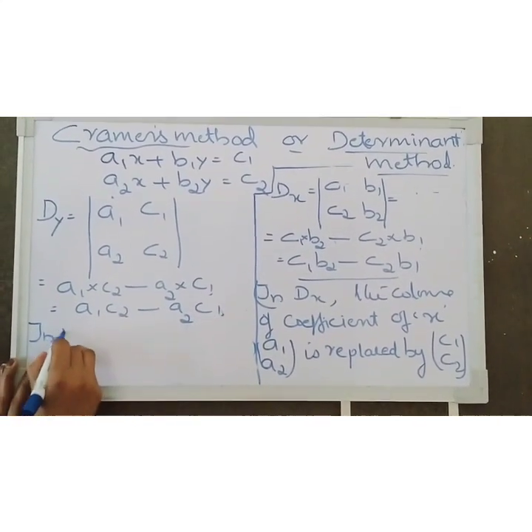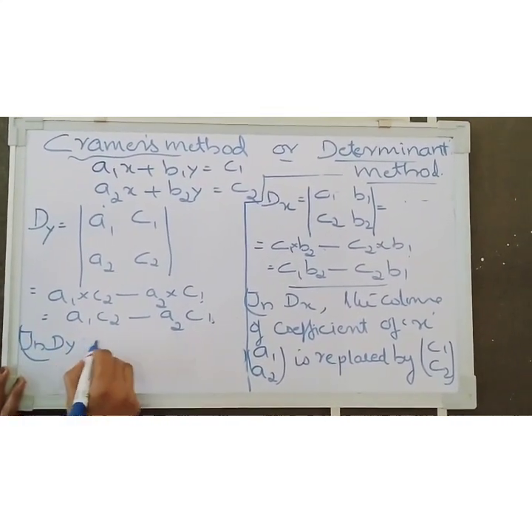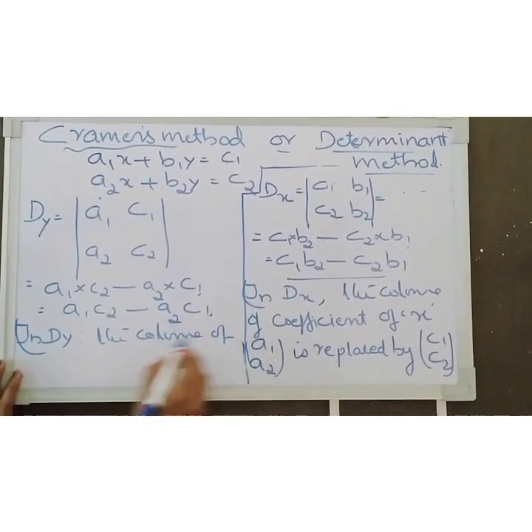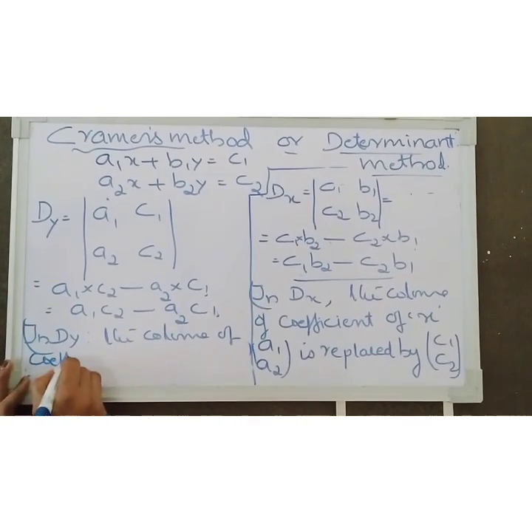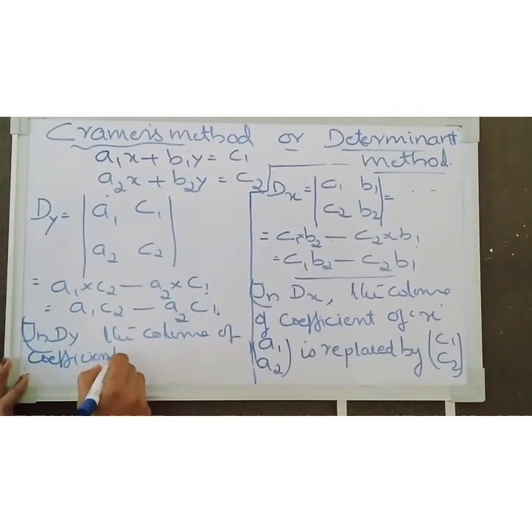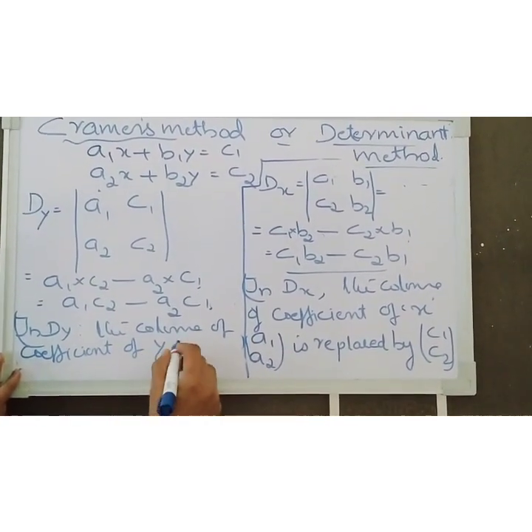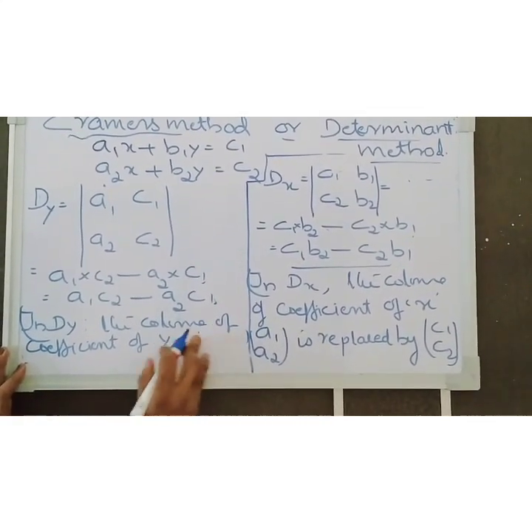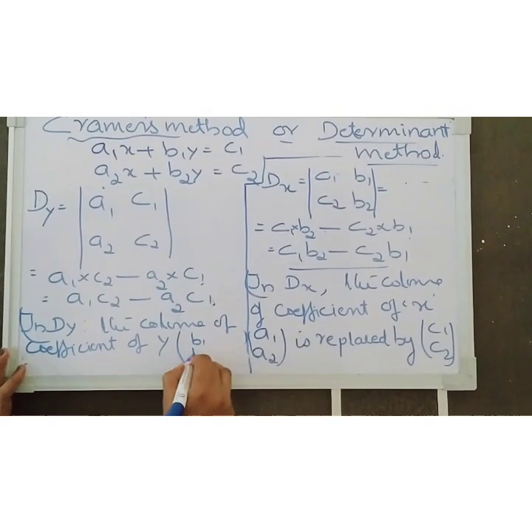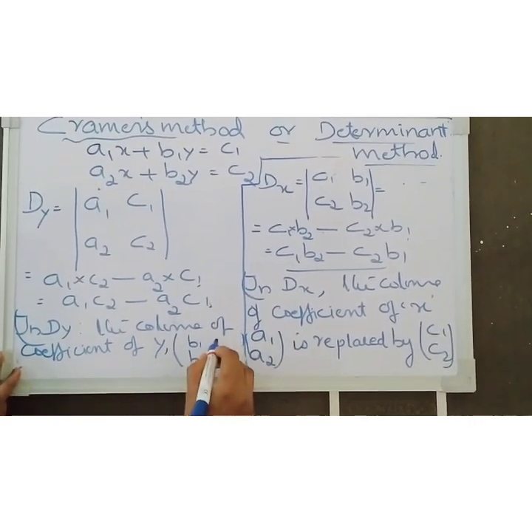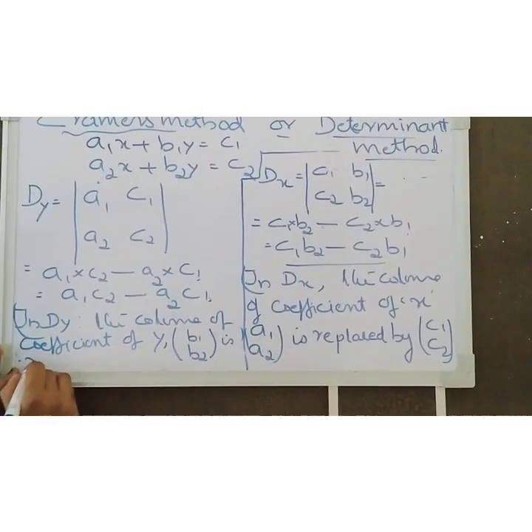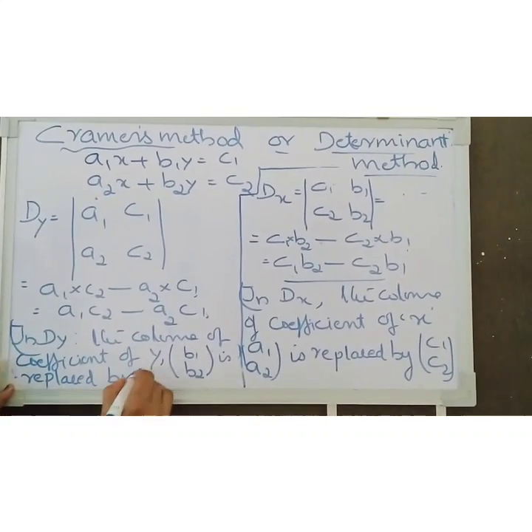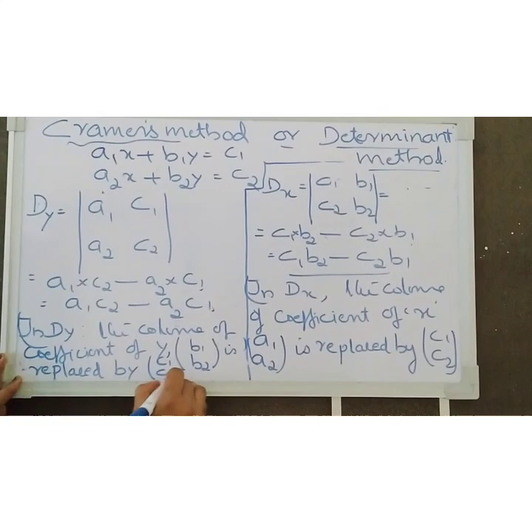That means in dy, the column of coefficients of y, that is b1 b2, is replaced by the constants c1 c2.